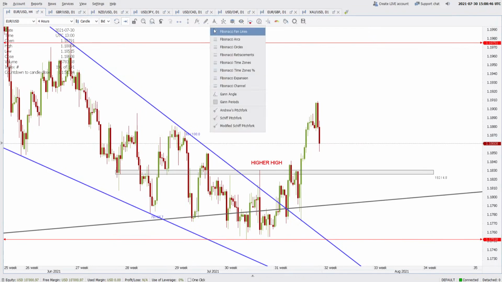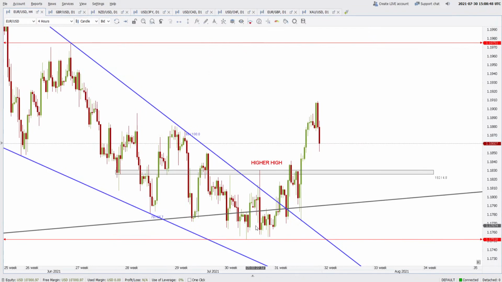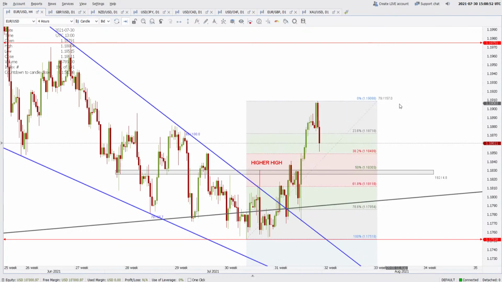The other thing that you can think about is, from this recent leg here, there is a possibility that the price will go back to the 1.1830 region, because this is 50% and it is perfectly aligning with the support region that we have created here. If I remove this, you will see that 50% is also sitting at around the 1.1830 region.